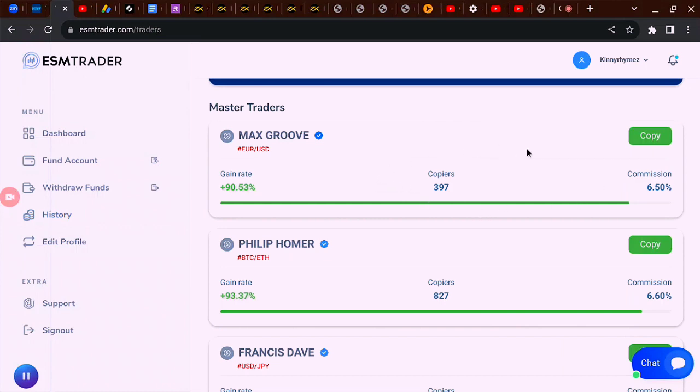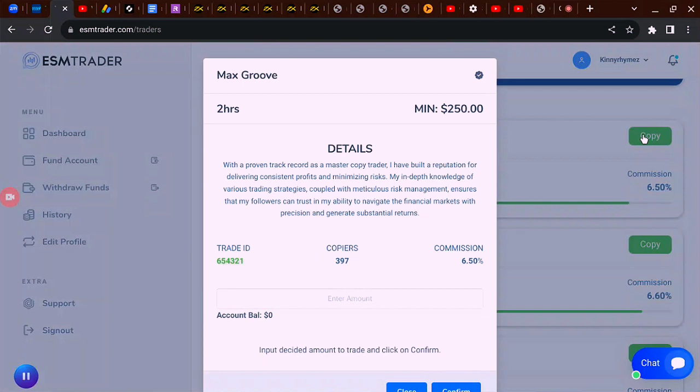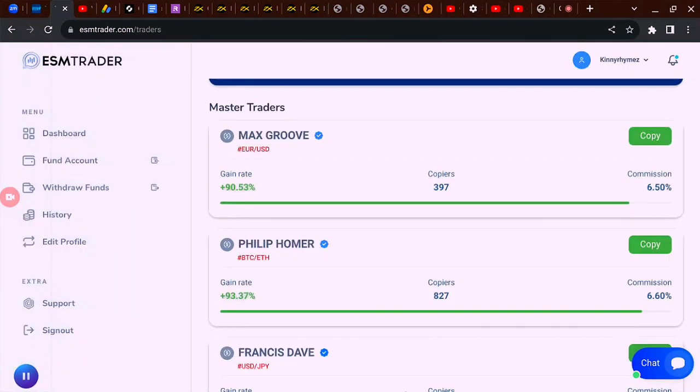This person wants $250 from me, and within 2 hours I'll get my money back. I don't have the money, that's why it's not working. So you invest that $250 in this person, and within 2 hours you will get your money back.